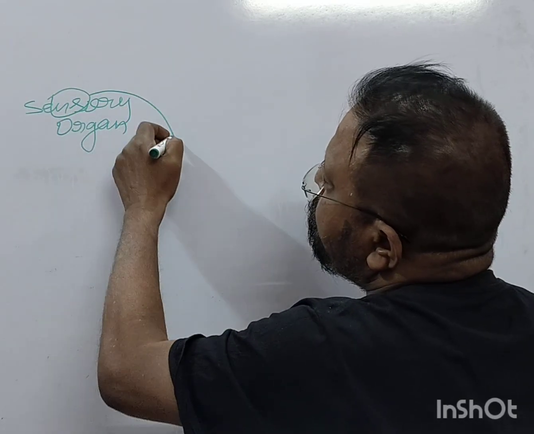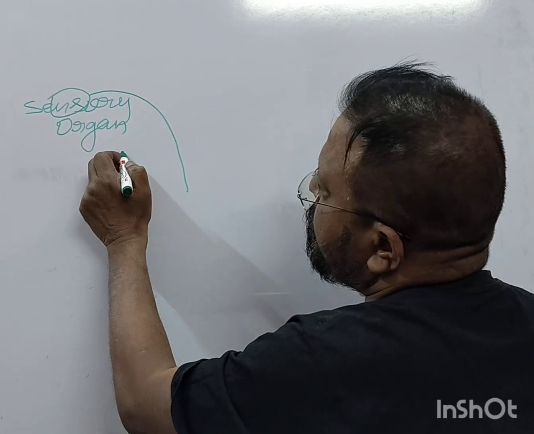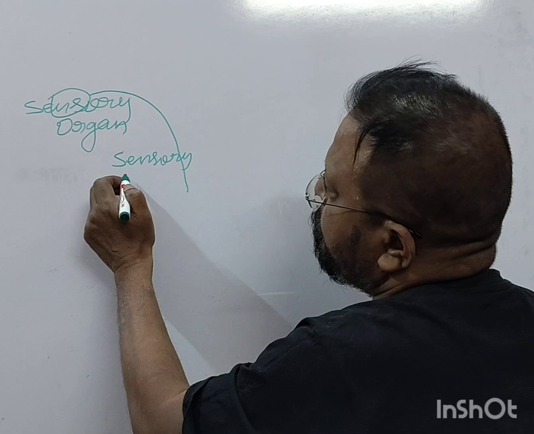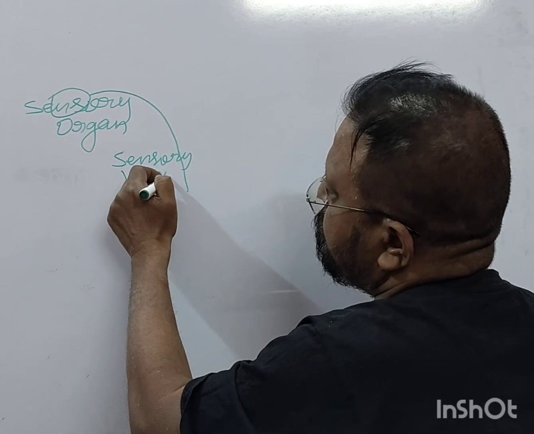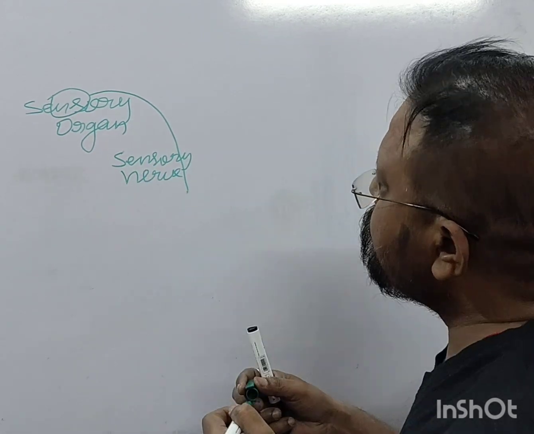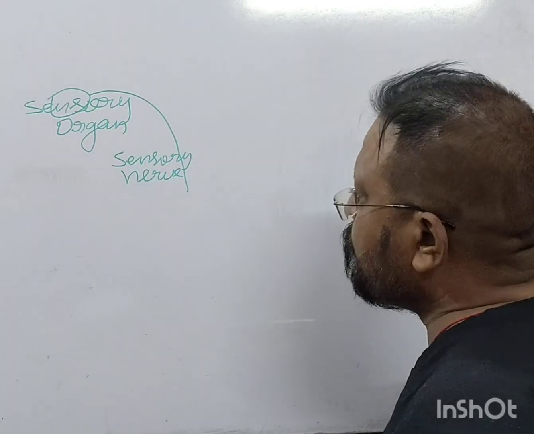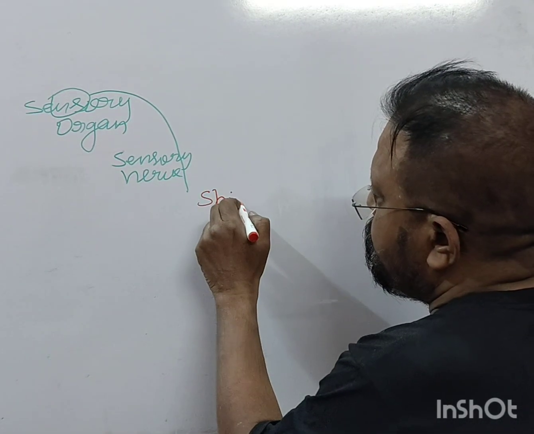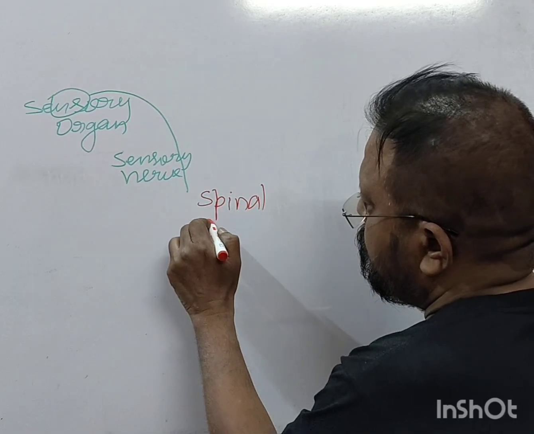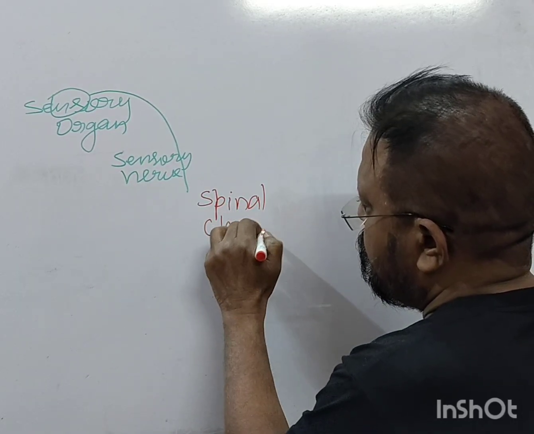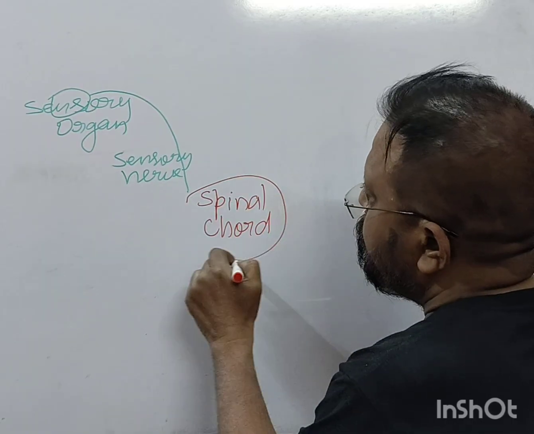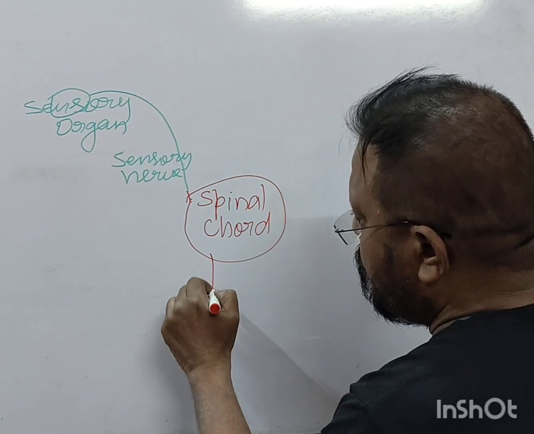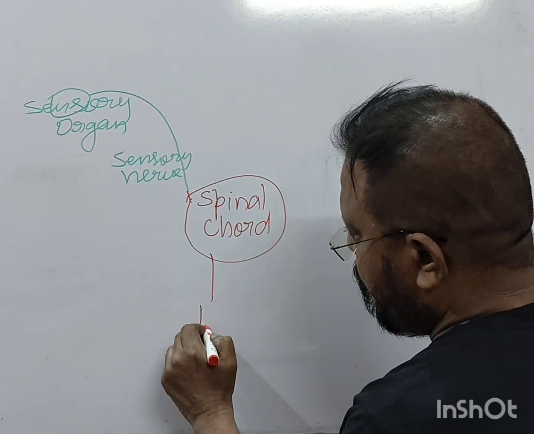Through the sensory nerve, it goes to the spinal cord. Right? Through the sensory nerve, it goes to the spinal cord, and from the spinal cord, it goes to the brain.